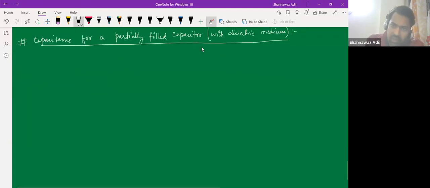So then your capacitance would be up. So what have we done? We have this parallel plate capacitor, and we are partially filling this capacitor with this slab, right? So it is partially filled.